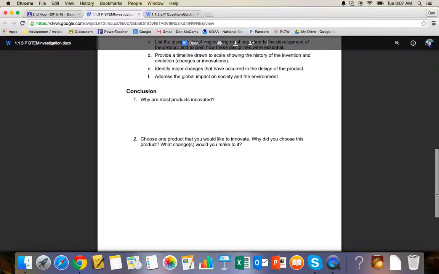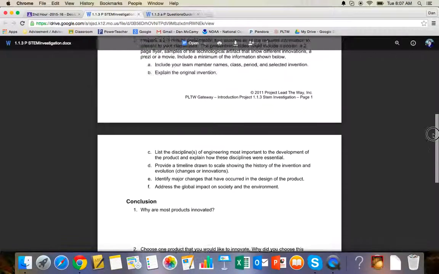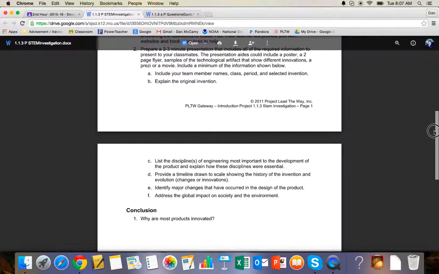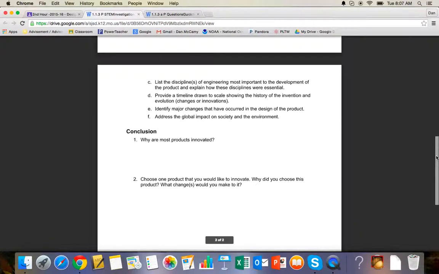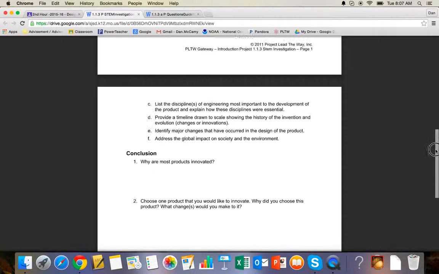This is something that has already been created. It isn't something that hasn't been invented or hasn't actually hit the market. It's something that has already been developed somewhere in the world. The conclusion does not have to be any part of your presentation. It's just part of the worksheet and part of the understanding of what we're doing.